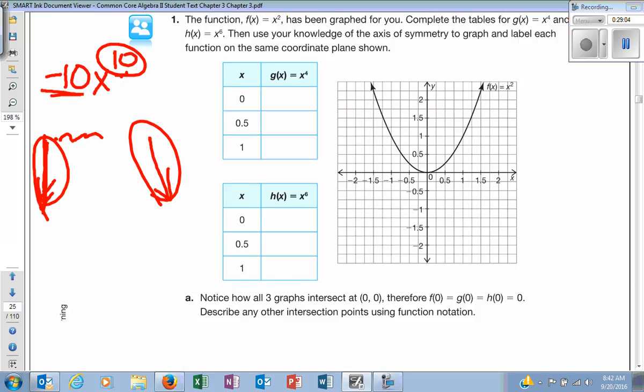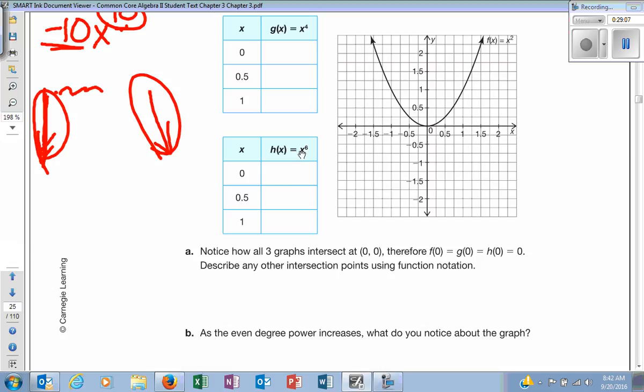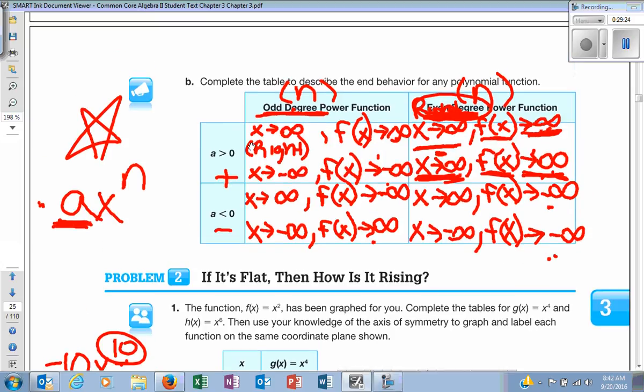So, like this right here. What do you know x to the 6 is going to start? Up. What is my a? 1, which is positive. My power is even, so if I go right here, isn't this saying a is positive, it's even? I should be in this box. The one thing I don't like about this graph is, don't we normally read left to right?